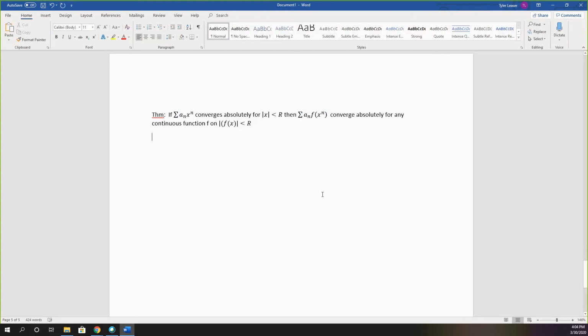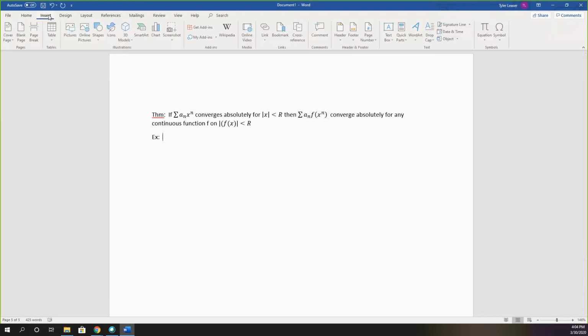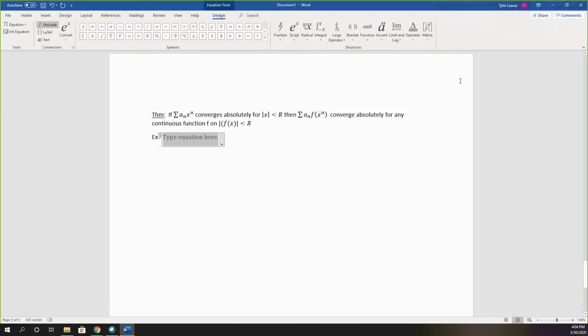All right. So what this allows us to do, just to give you a quick little example, is that if you somehow find a power series that converges absolutely, then you can apply functions to it, or vice versa. If you have something that has a function applied to it, you could go backwards. So to show you what I mean, if you had a power series where you had your constants out in front, but these weren't just x to the n's, let's say it was something like the natural log of x to the n.